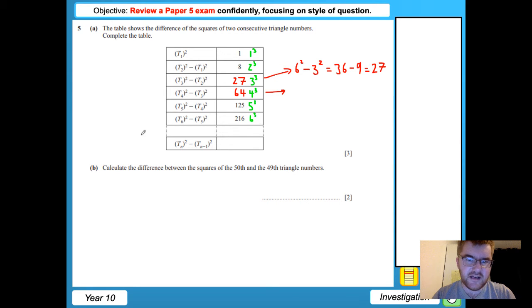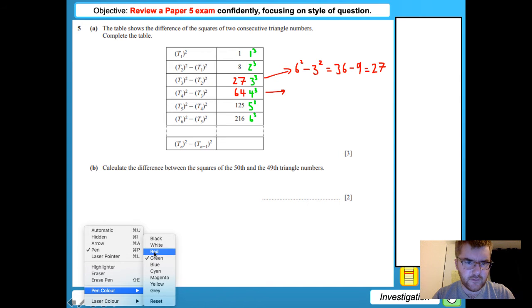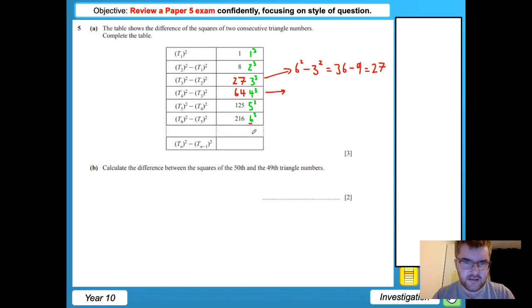So with the same pattern that we saw before, notice that the 6 here is the same as the 6 here, 5 here is the same as the 5 here. So we can rewrite this now as n cubed. Okay, so we've got our formula here. So notice it's done in a very similar way to the previous question.